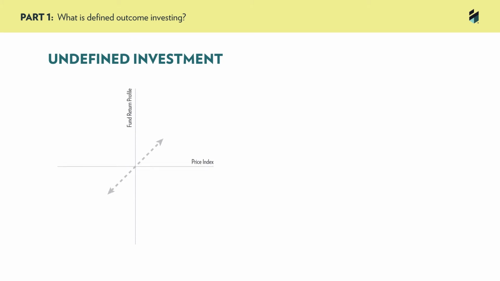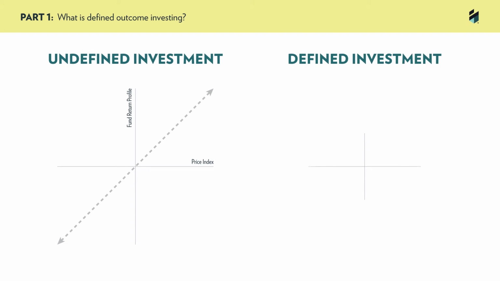To understand a defined outcome investment, it's helpful to compare and contrast it with an investment that has no defined outcome. The value of an investment without a defined outcome moves 1-to-1 with the reference asset in both directions, indefinitely, with no constraints. For a defined outcome investment, there are 3 features that distinguish it from an investment with no defined outcome.